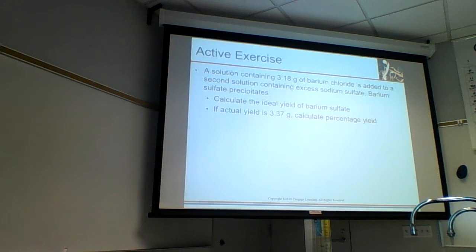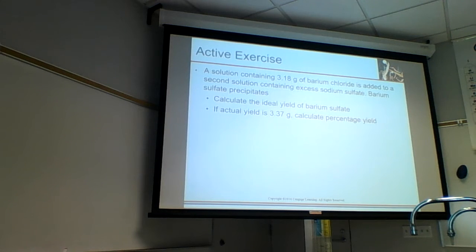Then two chlorines would be 70.90. So it gives us 208.23. So here, a mole of barium chloride formula units, this is an ionic compound, weighs 208.23 grams.